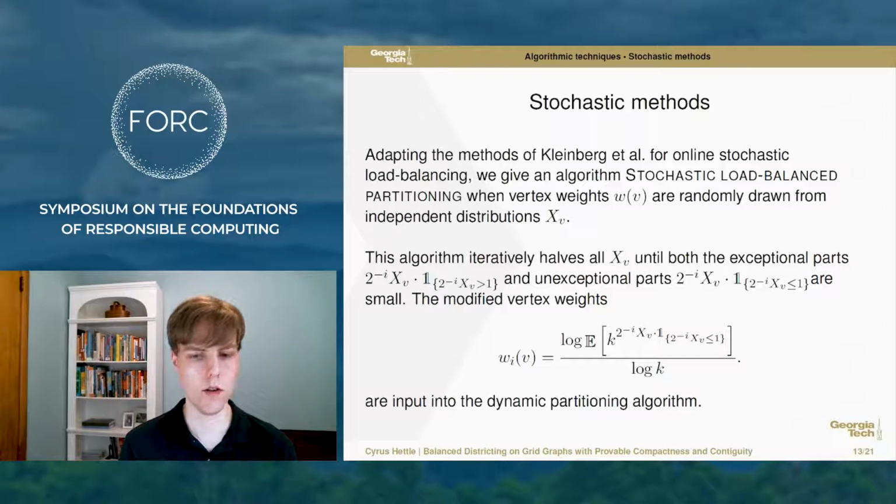This is a sort of moment expression looking at the number of parts k raised to the power of the unexceptional part. These give us a single value for each vertex, and we input these values into the dynamic partitioning algorithm for districting.